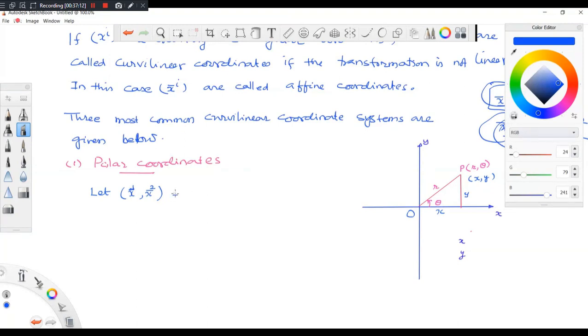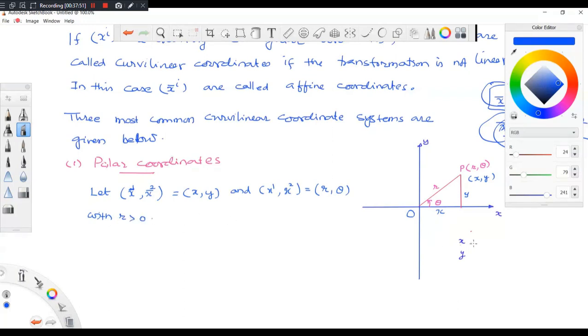This I call the coordinate system x y, and x1, x2 I call r theta. So I have two coordinate systems: x bar 1, x bar 2, the rectangular coordinate system, and x1, x2, another coordinate system, r and theta, with r greater than 0, a distance, so this I always take greater than 0.